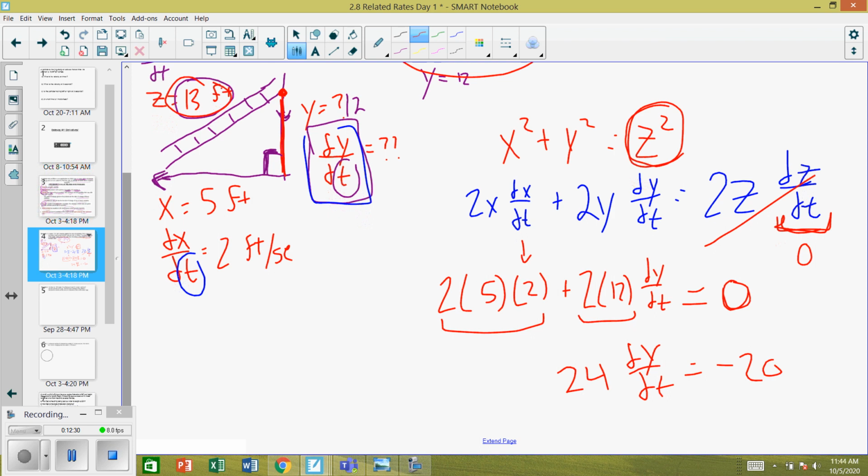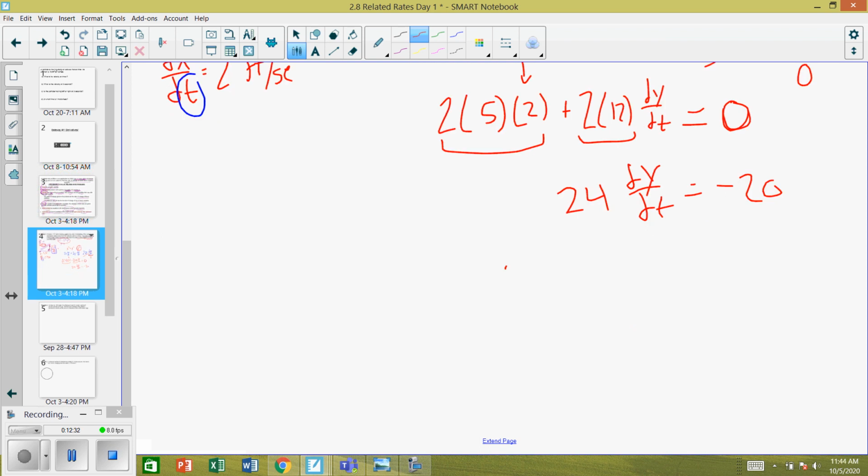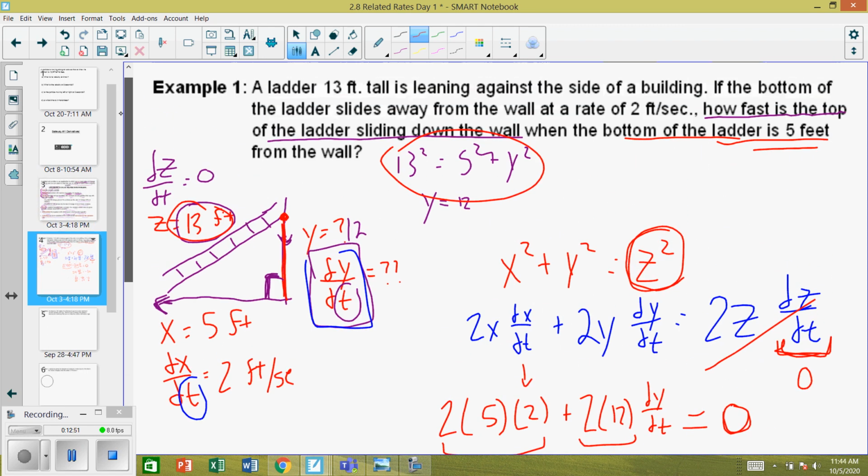I'm going to divide those, and I get dy over dt equals negative 20 over 24, which we'll just reduce by dividing by 4. How about negative 5 over 6? And the units of measurement in this case are what?